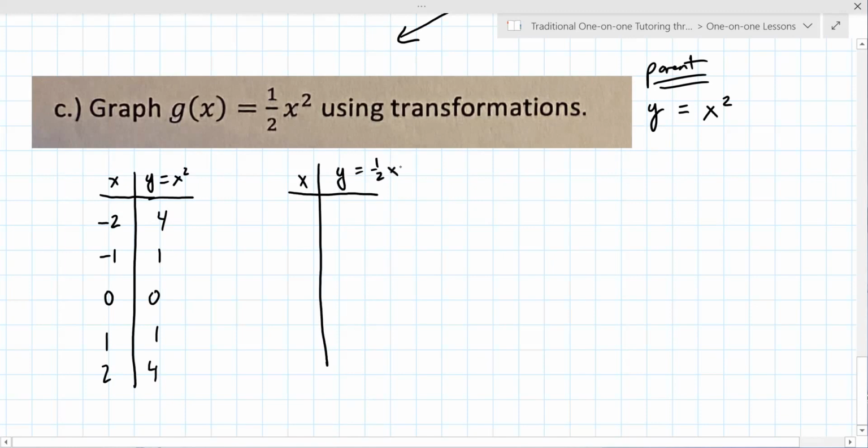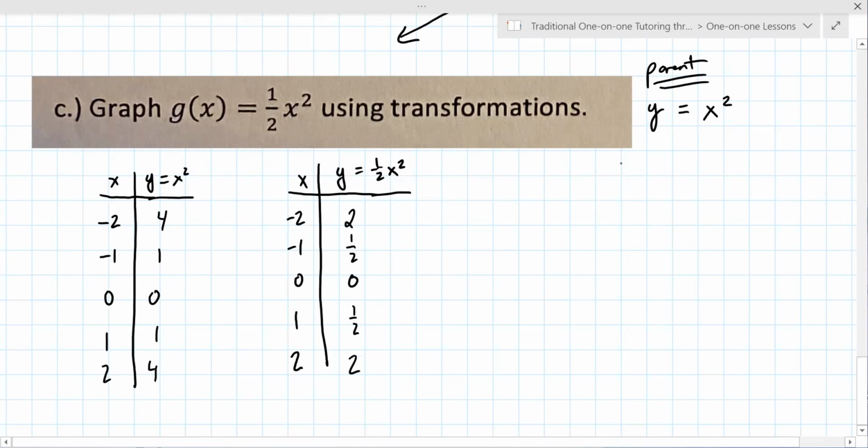So now we're going to make the transformation, the 1/2 x squared. So what that does is you take the outputs here and you multiply them by 1/2. So the x values stay the same. In almost every problem we've done, the x values have stayed the same, but the y values, you have to cut them in half. You have to divide by 2. So that's 2, 1/2, 0, 1/2, and 2.